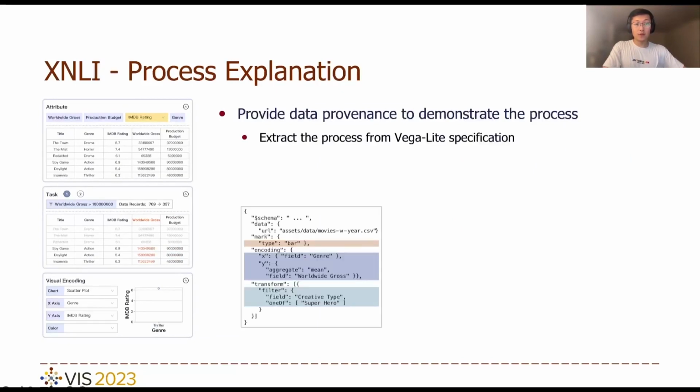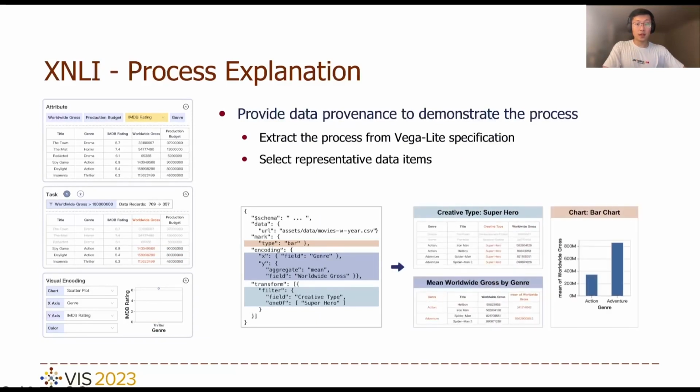The system first extracts the visualization process from visualization specification, the final results of NLI process. Next, it selects representative data items to demonstrate the process. For example, in a filtering task, some data records are filtered while others are retained. We make the task visible by comparing the data tables before and after the task.